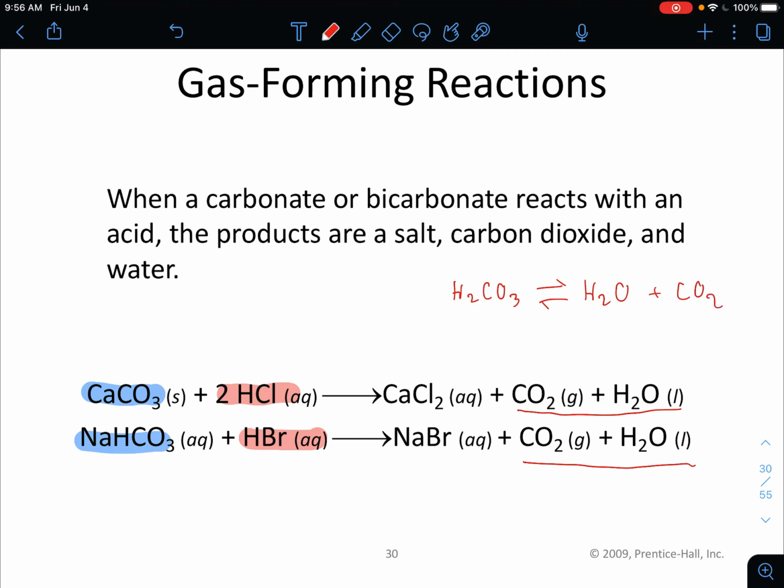So that's typically what we expect for these sorts of reactions: the H plus and the carbonate ion combine to form carbonic acid, not hydrogen carbonate, right? Hydrogen carbonate's the name of an anion. This is carbonic acid, and that breaks apart into water and carbon dioxide.